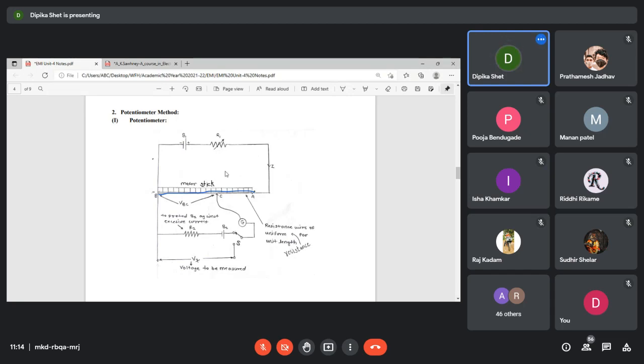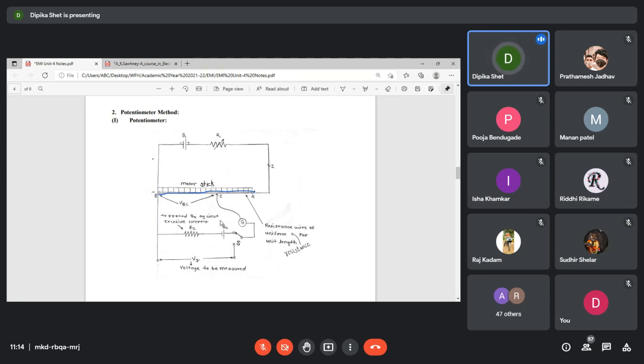This current of I ampere is supplied from battery B1 and flows through this wire AB. The current flowing through wire AB is controlled by this variable resistance R1. So this is the primary circuit.